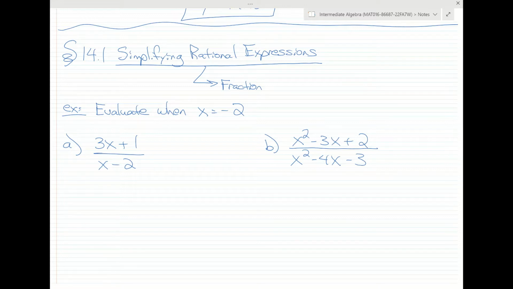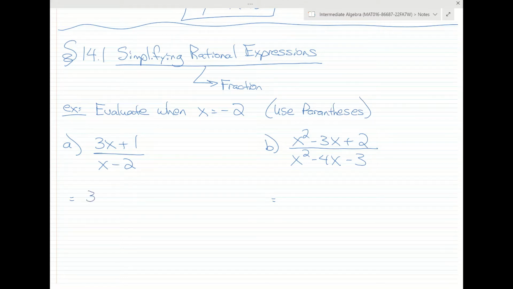Well, evaluate just means plug in a number for a letter. Whenever we evaluate, we always want to use parentheses. So we'll plug in -2 for the x's.